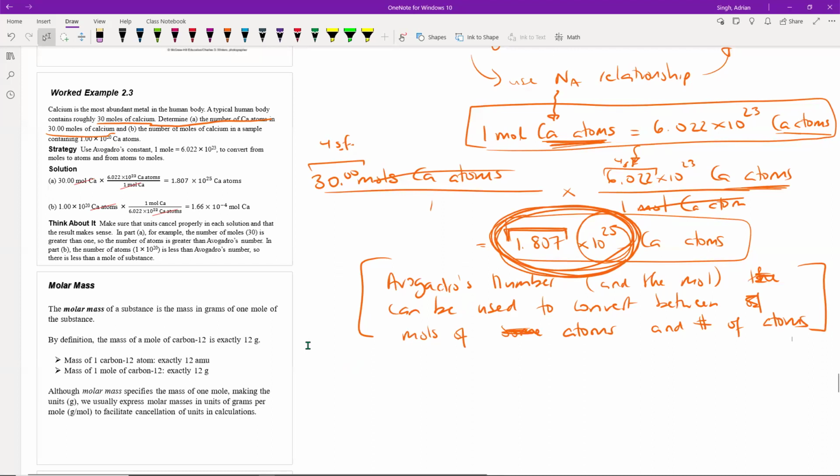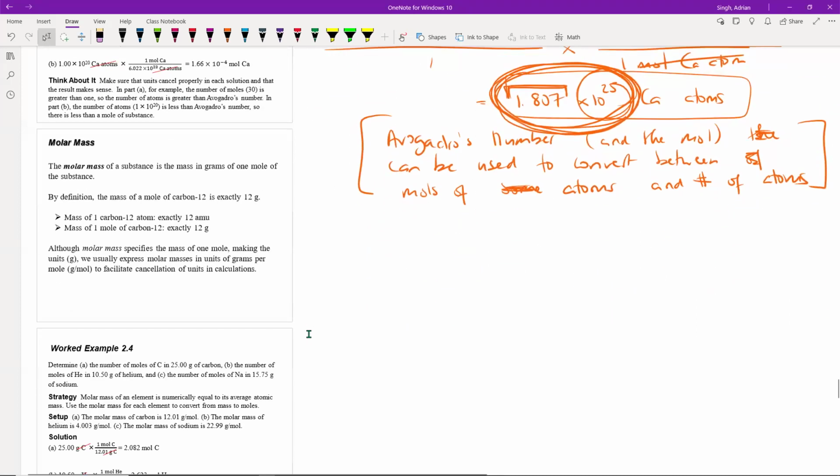What we can do, though, is we can easily measure the masses of things in the laboratory. And there is a relationship now between moles and mass that we can use. And that relationship is called the molar mass of the elements. So generally, we can say the molar mass of a substance is the mass in grams of 1 mole of that substance.